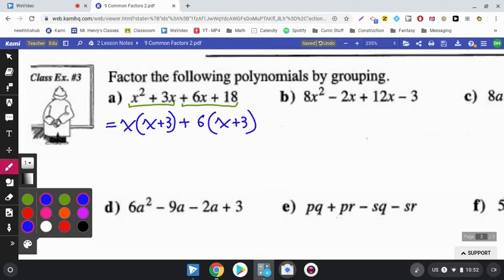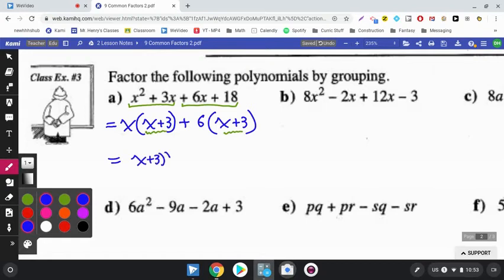That's going to be crucial. Okay. And now if I look at what I have, well, this is exactly what we did the whole lesson. I've got the same binomial in both of these pieces. I could actually factor this whole thing now because it has a GCF of x plus 3. So I take that and I remove that chunk. I factor it out. The x plus 3 comes out front.